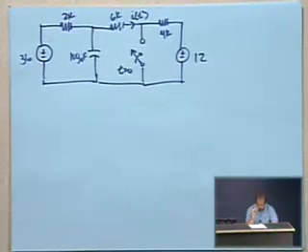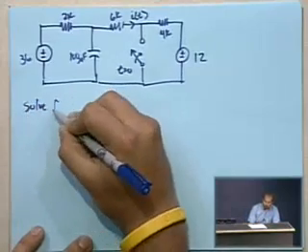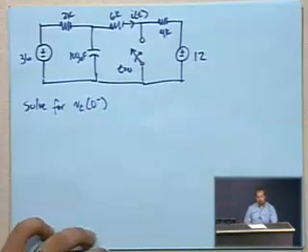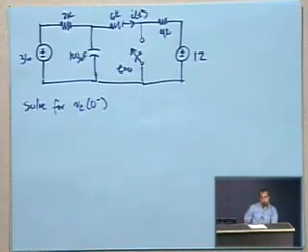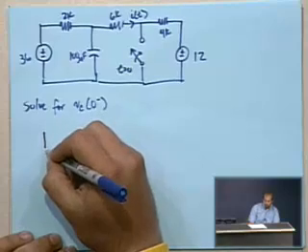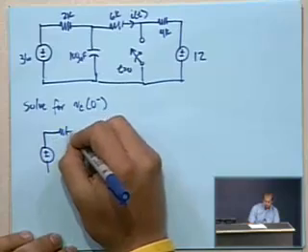The first thing that we do is solve for the voltage across the capacitor at just the time before the switch is closed, assuming that the circuit is at steady state before that occurs. So what does that look like? Well, we've got 36, we've got the voltage source.